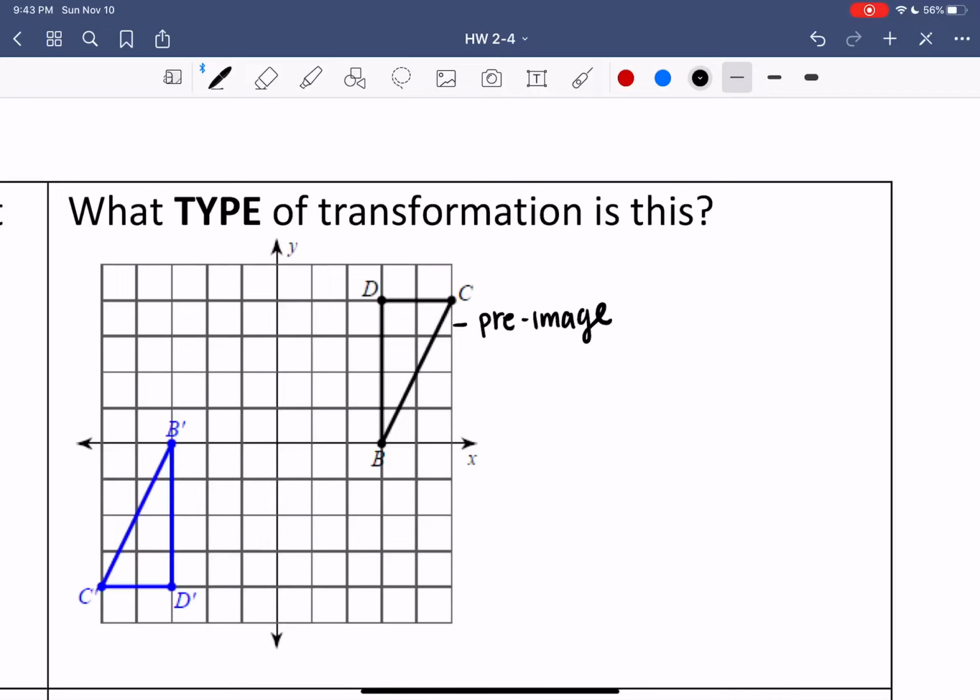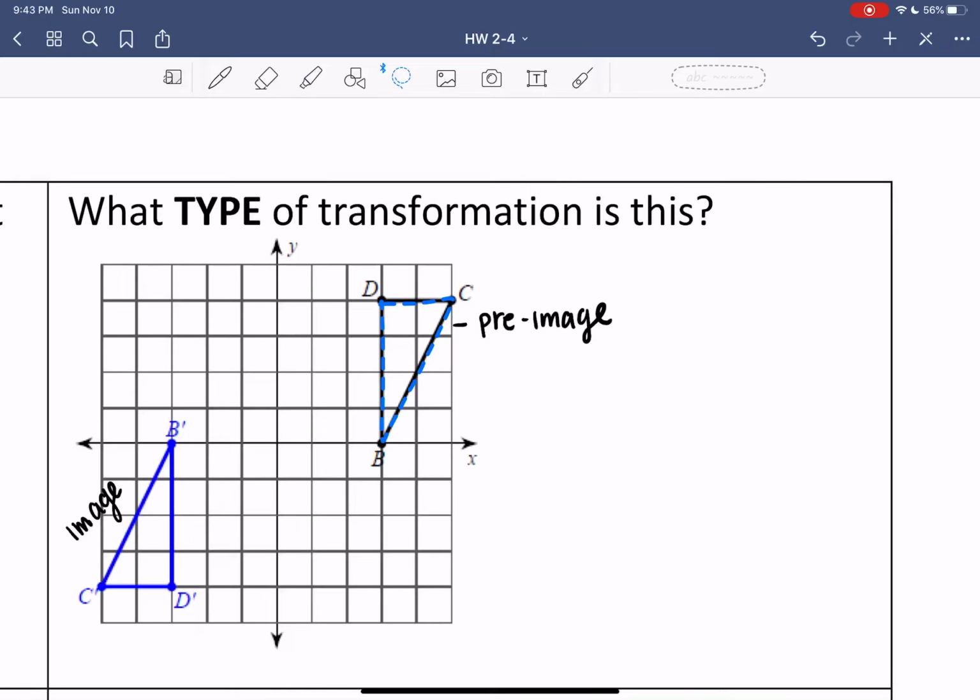And once it is transformed, it will be labeled simply image. So I'm going to trace over this pre-image to see which type of transformation is happening.